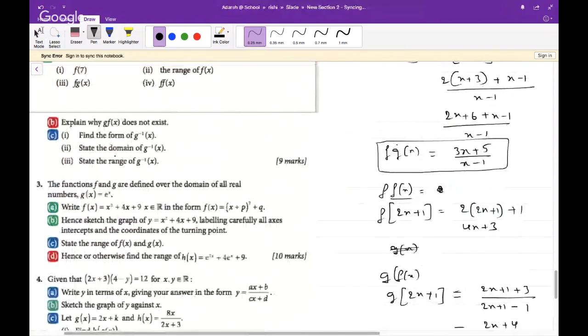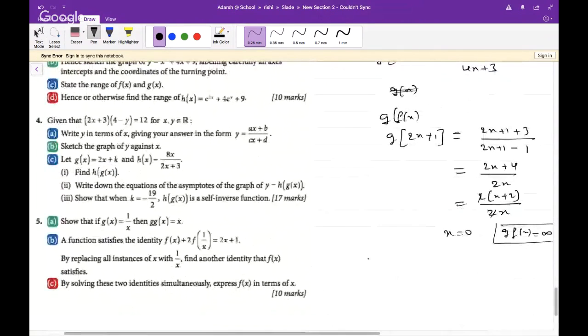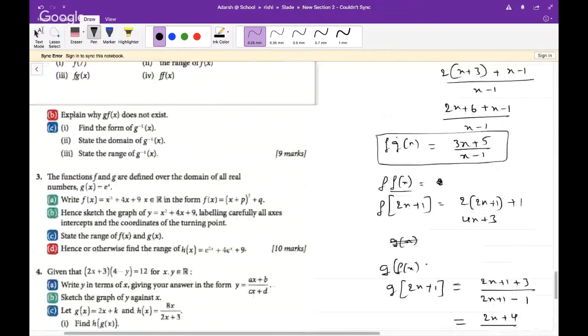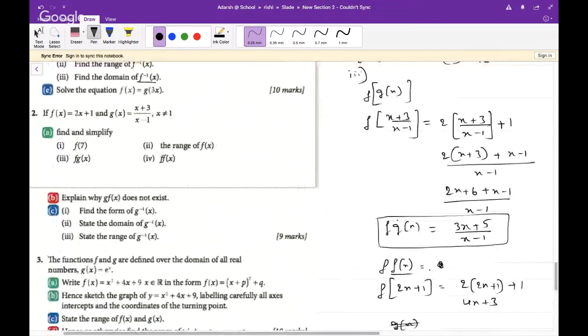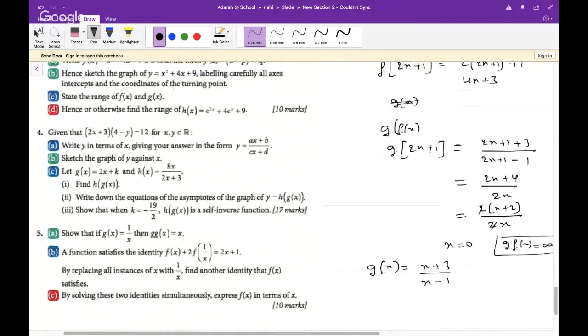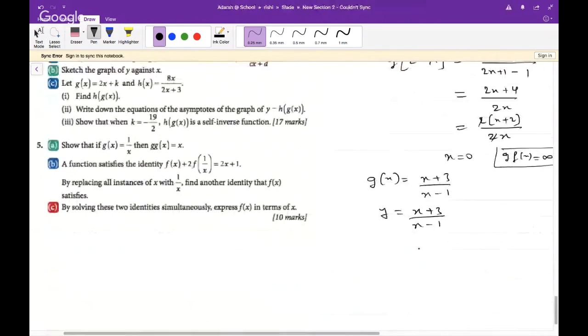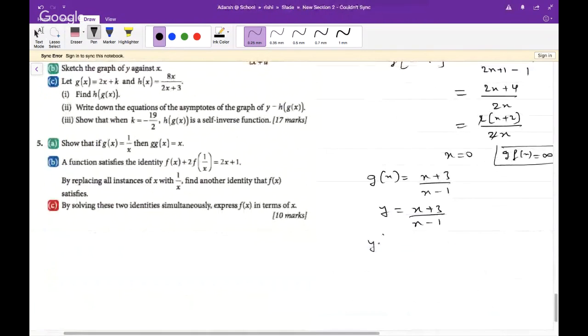Next. Now form g inverse of x. g of x is x plus 3 divided by x minus 1. So y is equal to x plus 3 divided by x minus 1. So we'll take this here, take x on one side.